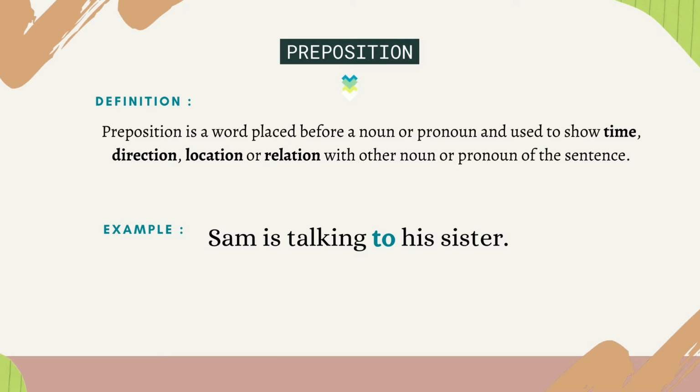Sam is talking to his sister. Here the word to is placed before the noun sister, and this word is showing the relation between the two nouns Sam and sister. Therefore the word to becomes a preposition.